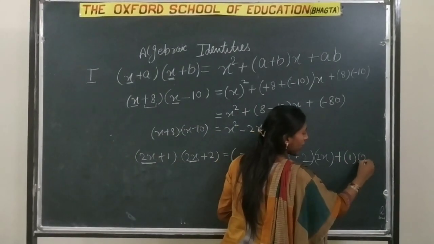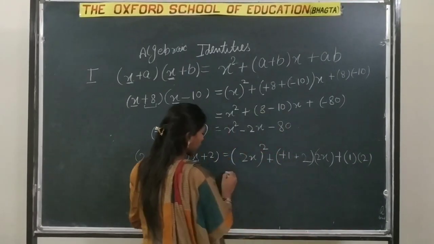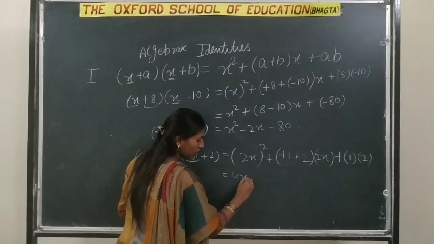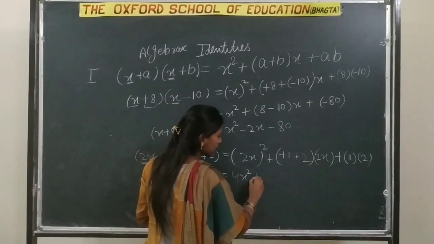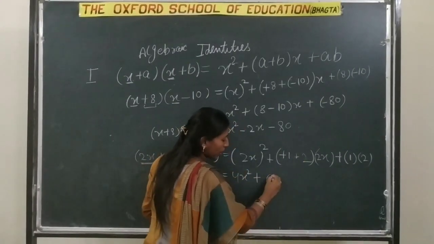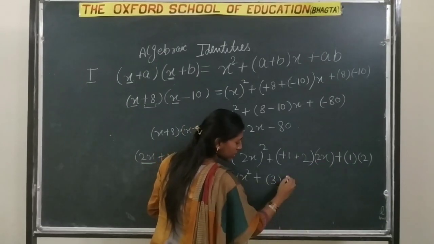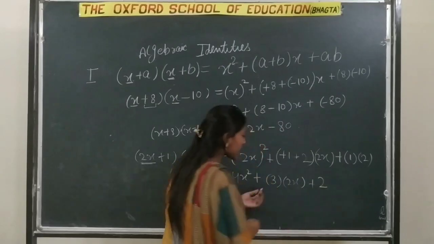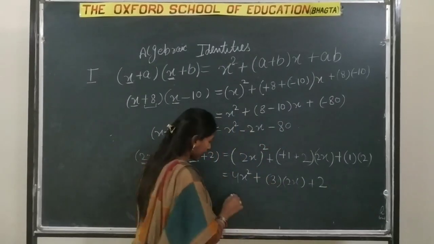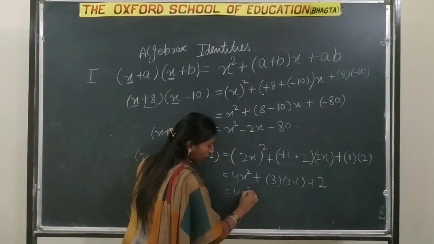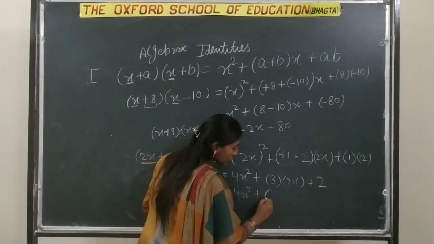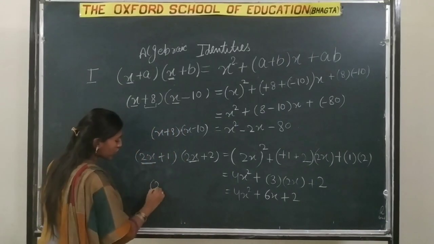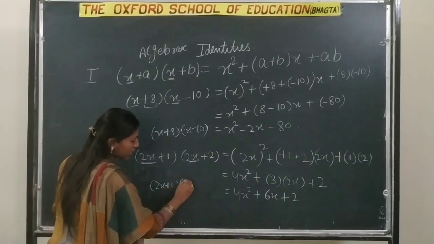Value of a is 1 and value of b is 2. So calculate this. 2 square 4, x² plus 1 plus 2 becomes 3 into 2x, plus 1 into 2 is equal to 2. There is a multiplication sign between the both brackets. So 4x² plus 3 into 2, 6x, plus 2. So this question is also solved by the first identity.